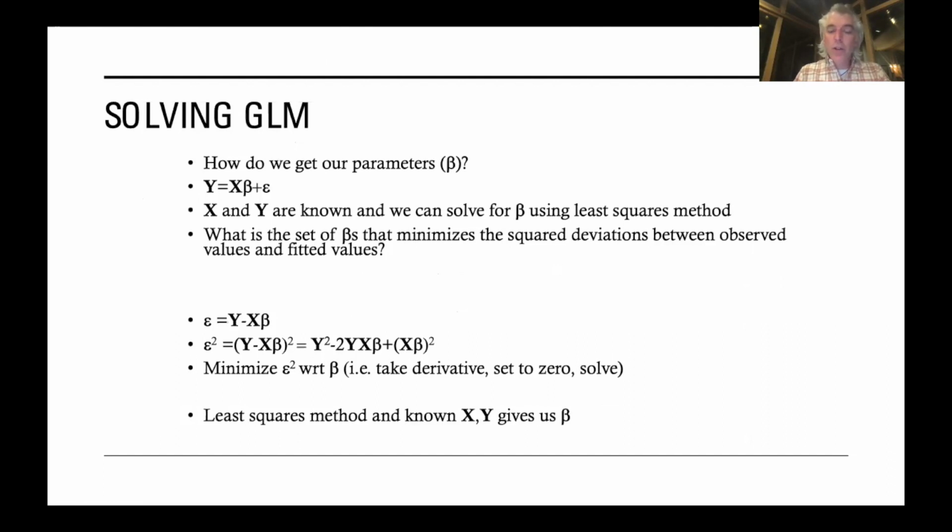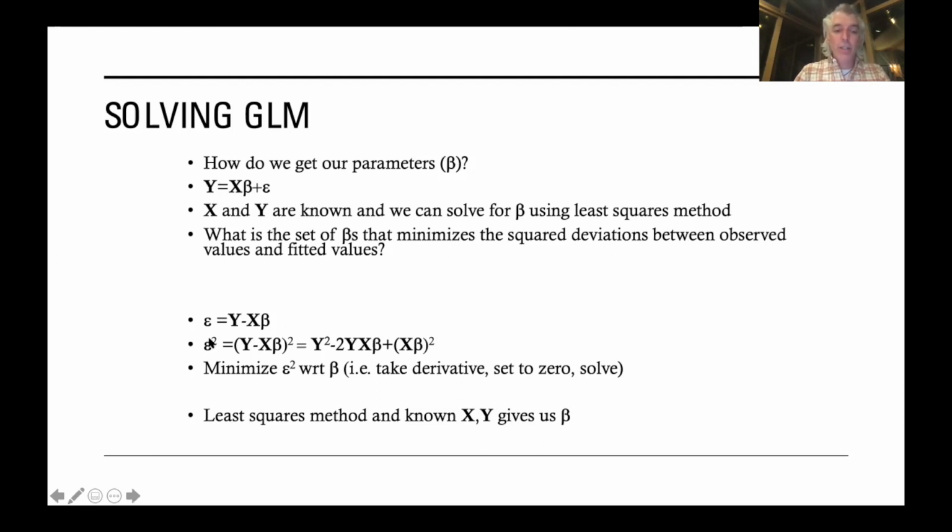And so we can use matrix algebra to solve for these parameters beta using least squares methods. That is, we can ask the question, what set of parameters minimizes the squared deviations between our observed values and our fitted values?